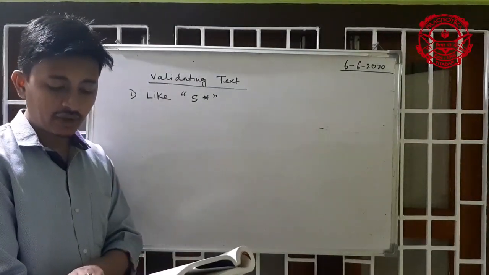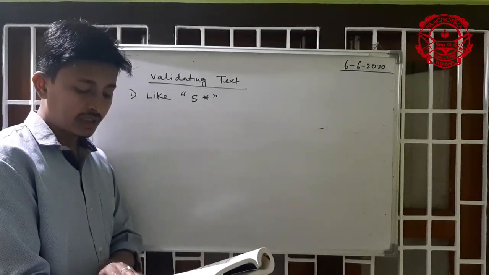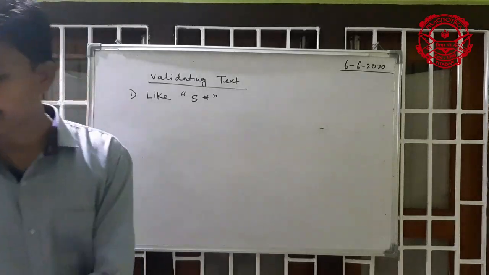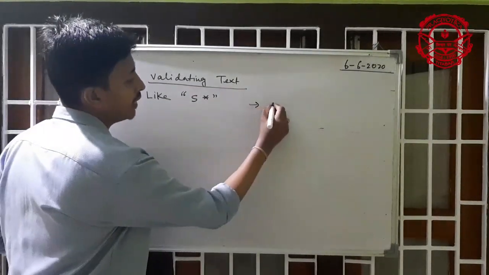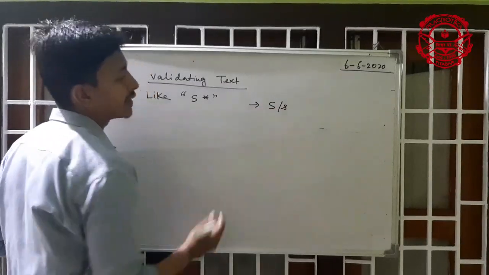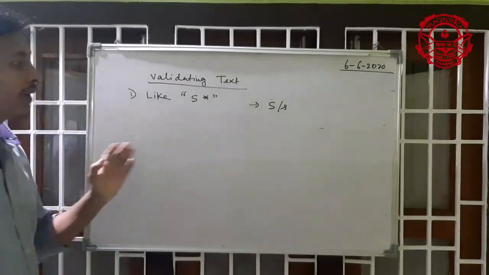It checks whether the value starts with S or small s, followed by a series of 0 or more characters. It will first check that the value starts with S or small s. After that, asterisk means it may be 0 characters or more.